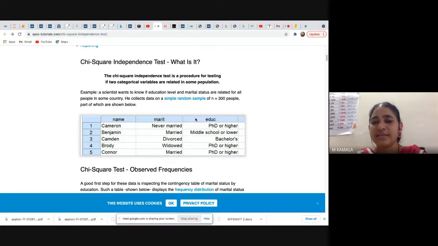So these are some types of statements I would like to derive, and hence I want to find out whether this marital status is dependent on the education or vice versa. I want to find out whether there is actually any relation between education and marital status.